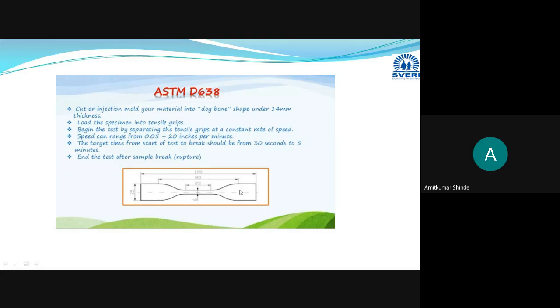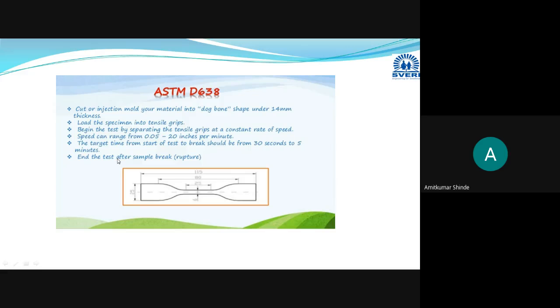The specimen you have to prepare will be somewhat like, if you have seen some animation movies with a dog, there will be a bone. A similar kind of shape you have to manufacture here. Under this shape, you are going to take the thickness as 14 millimeter.